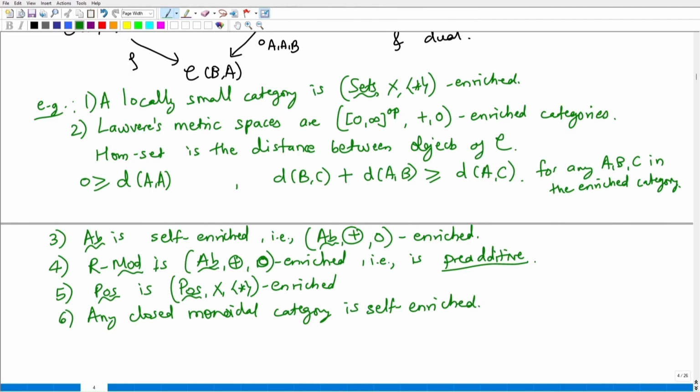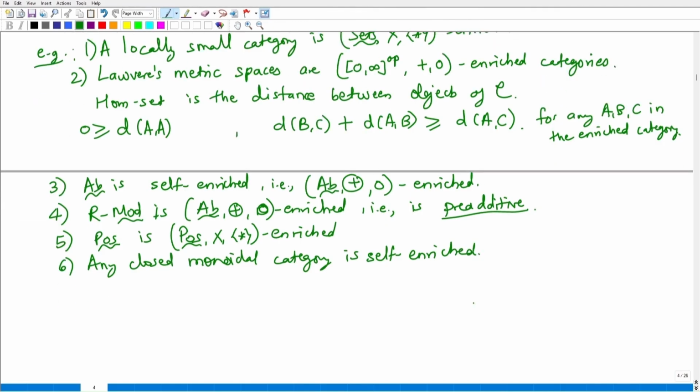Okay, because there is an internal hom. Yeah, that internal hom will behave nicely. You have to work out this example properly. Any questions?